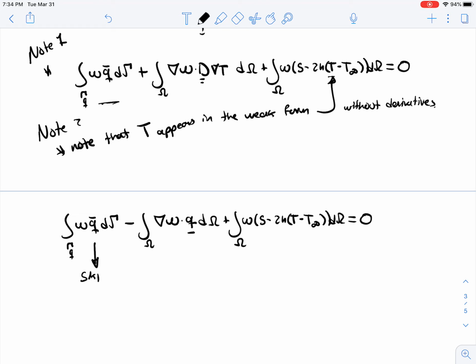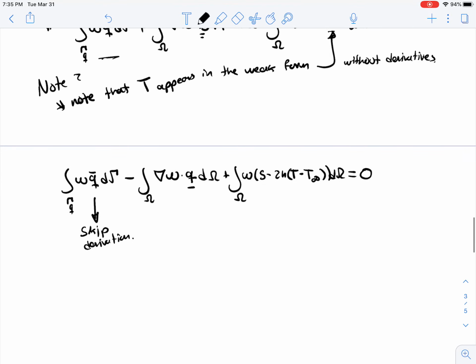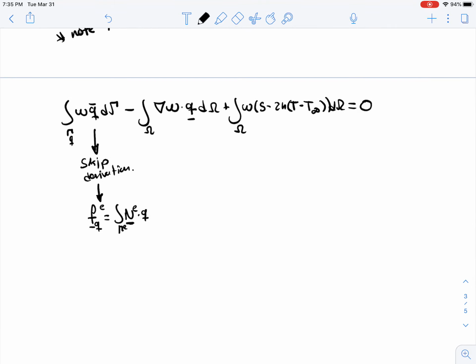What it means is that this term is going to end up, I'm going to skip the derivation, with some force vector of forces q, which for a given element is just the integral of the shape function vector times the q at the corresponding gamma e. So for the triangle, this will be a 3×1 vector with the forces. For the quadrilateral, this will be a 4×1 vector with the flux forces. So that's what we will get from here.